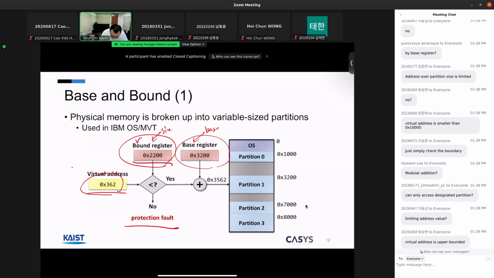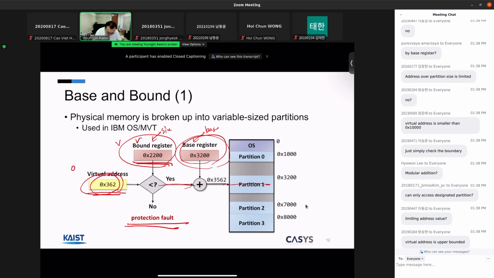The virtual address always starts at 0. If the virtual address is beyond the size, then a protection fault happens. If not, then go: the base register is added to this address, 302, and it goes to this partition address space.